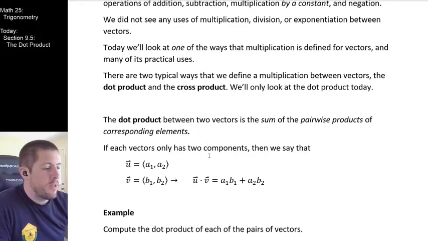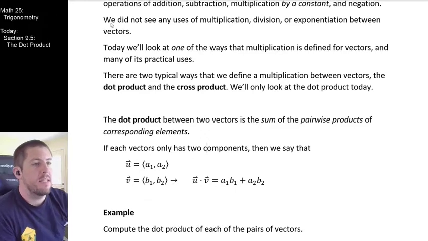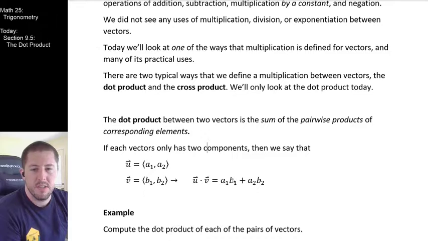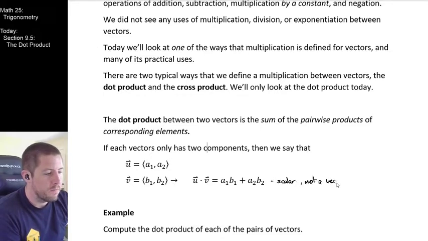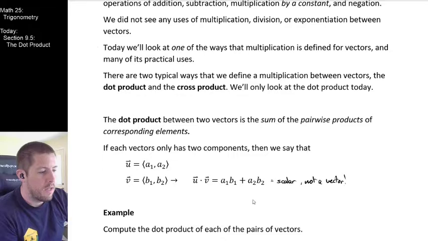One important thing to notice real quick before we go ahead and do an example is that this is not producing for us another vector. This is just the sum of the products of numbers. So you should notice that this is actually a scalar, not a vector. And therefore the dot product is sometimes called the scalar product.